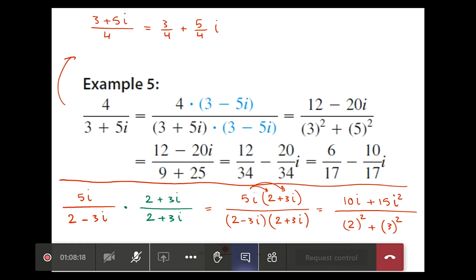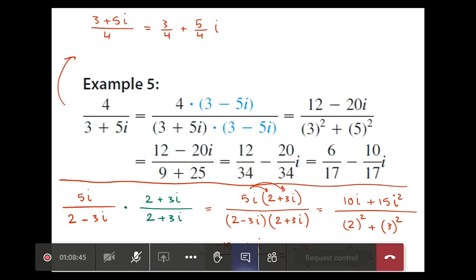So we have negative 15 plus 10i. Why negative 15? Because 15 multiplied by i square, i square equals negative 1, over 4 plus 9, we have 13. So the final answer equals minus 15 over 13 plus 10 over 13 i.